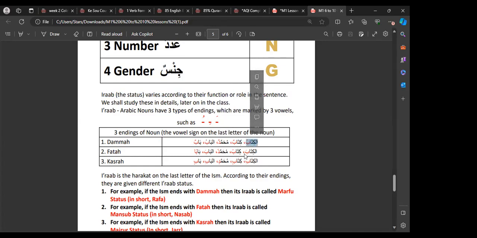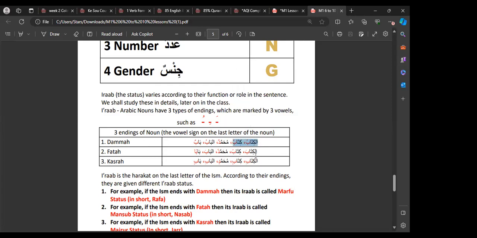Al-kitabu, the book. Kitabun, a book. The book, a book. Even though it's definite and indefinite, it doesn't change the fact that it's a damma, and therefore it's marfu status. Whether it's a book or the book or many books, because it's a damma, it's marfu.